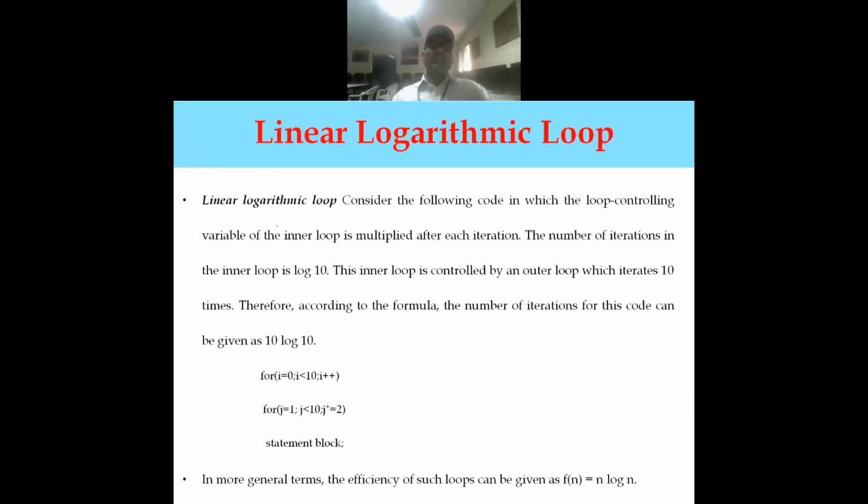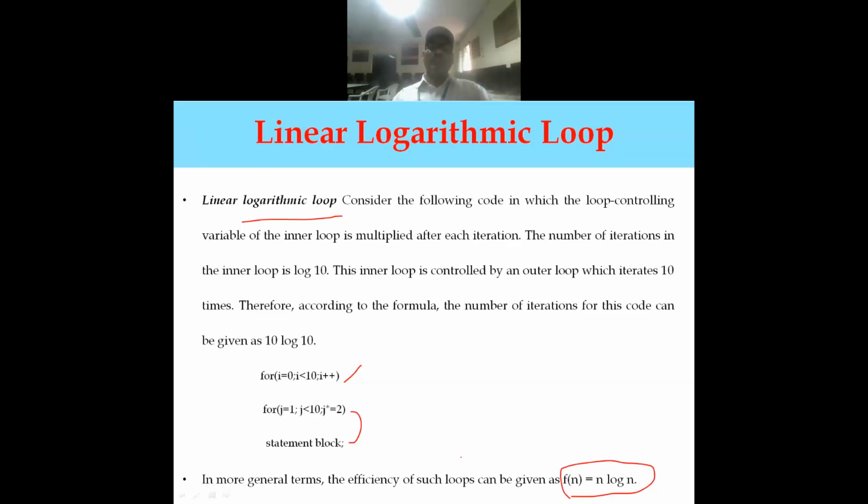Fine. So for the linear logarithmic loop, consider the following code where we have for i equal to 0, i less than 100, i plus plus, for j equal to 1, j less than 10, j is equal to j star 2. In more general terms, this inner loop is logarithmic and the outer loop is a linear loop. So this linear logarithmic nested loop has the function f of n is equal to n into log n.